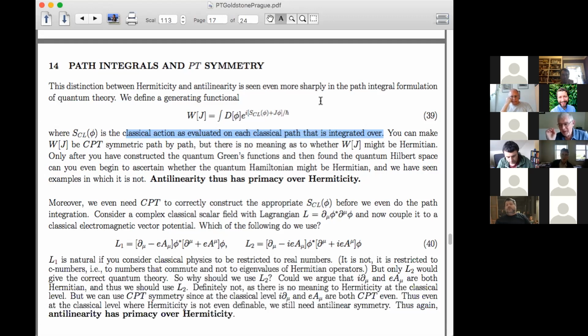Okay, there are two questions. One is, if I have here phi, what possible quantum quantity could it be equal to? It can't be equal to the 2-point function, vacuum phi of x, phi of y, because in the path integral phi of x and phi of y are classical and can be interchanged.